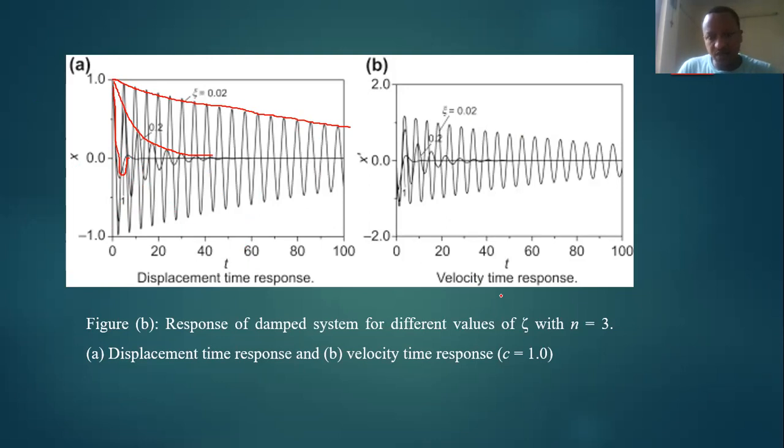Here also for the velocity time response, we can see x dot, x dot of t. Similar graphs are there. This is for very small amplitude and very small zeta value 0.02. Another one is this for 0.2, and another one is simply like this over here. This is for the zeta equal to 1 case.